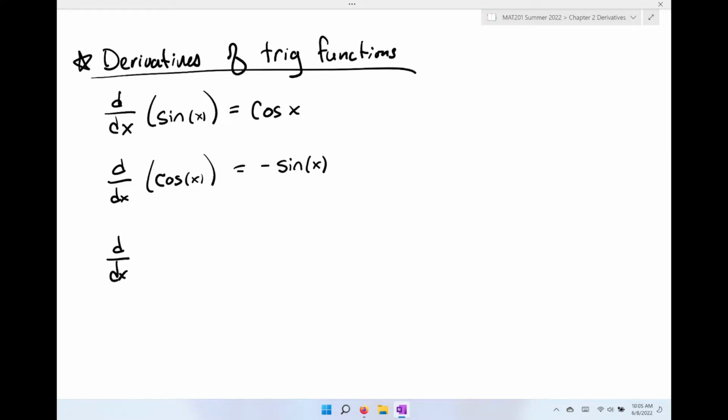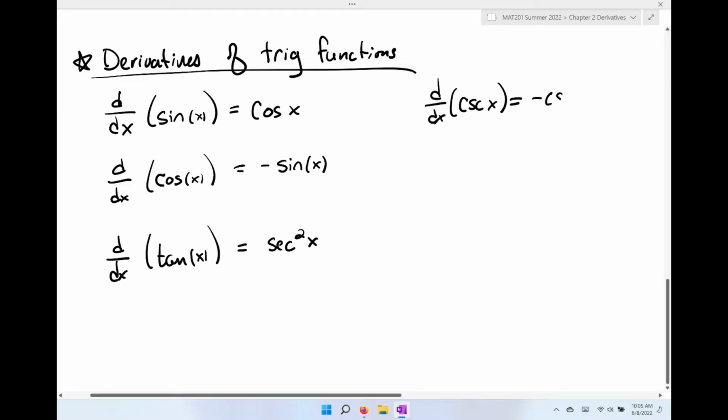The derivative of tangent x is secant squared x. The derivative of cosecant x equals negative cosecant x cotangent x.